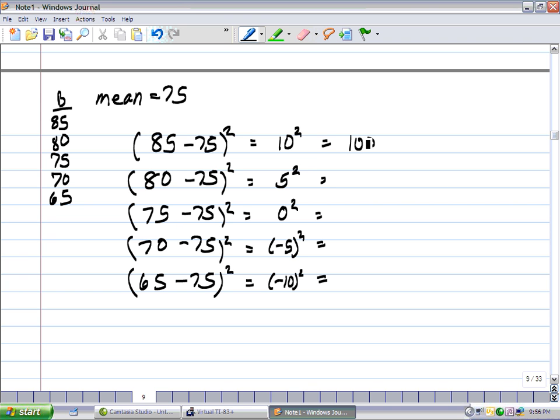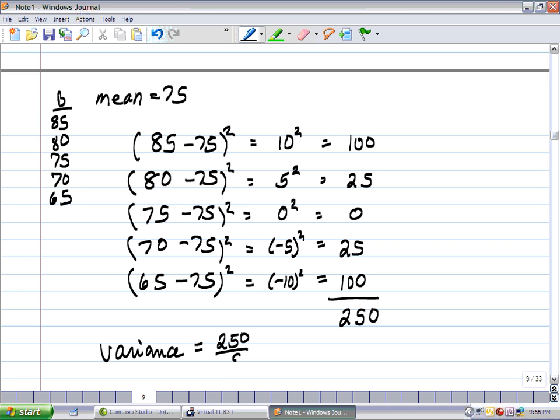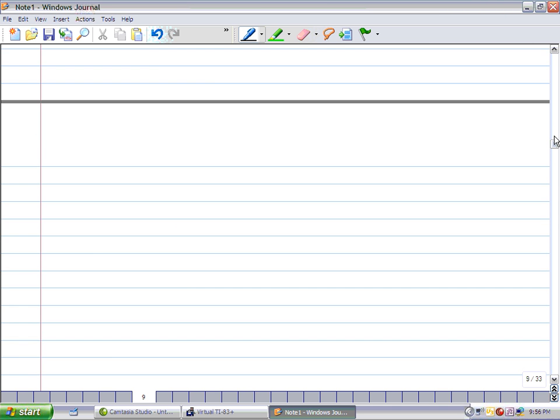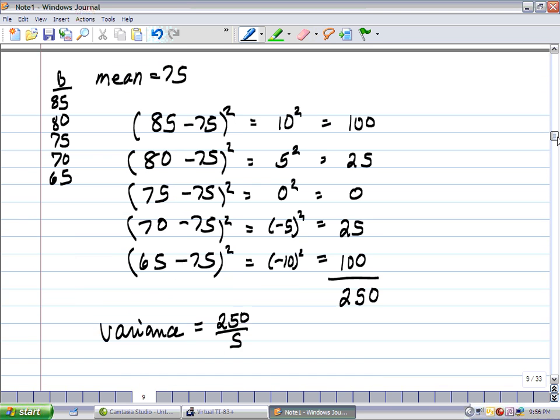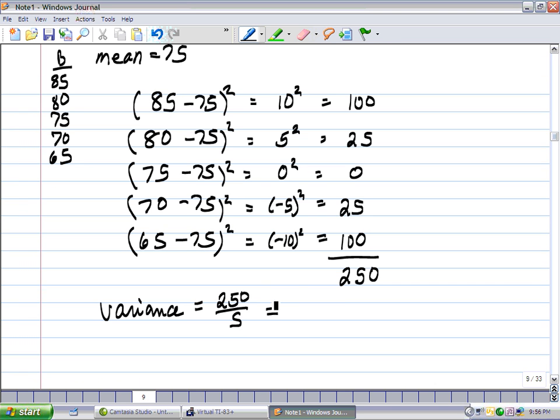Square these. 10 squared is 100. 5 squared is 25, so it's negative 5 squared. And let's add these all up, and I get 250. So the variance is 250 divided by 5, which is 50.